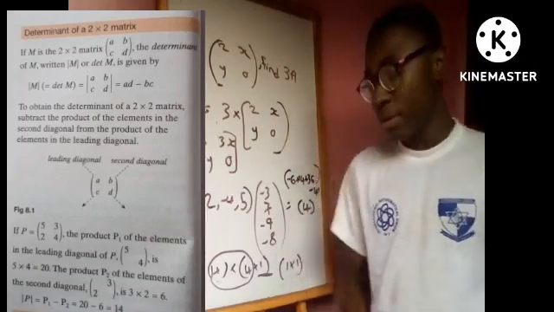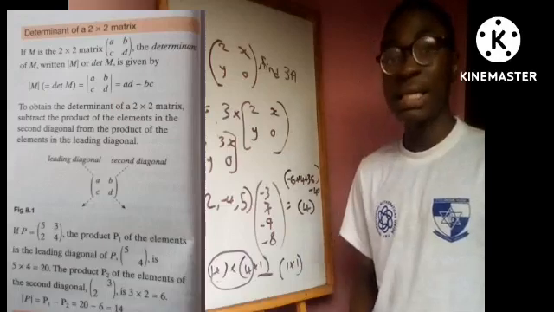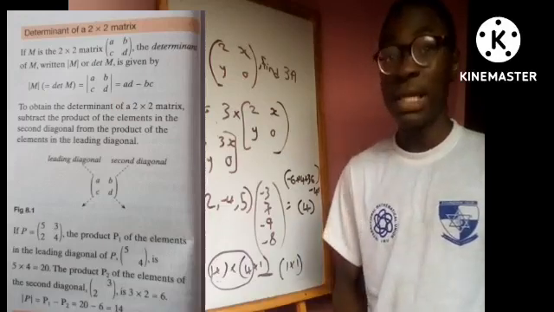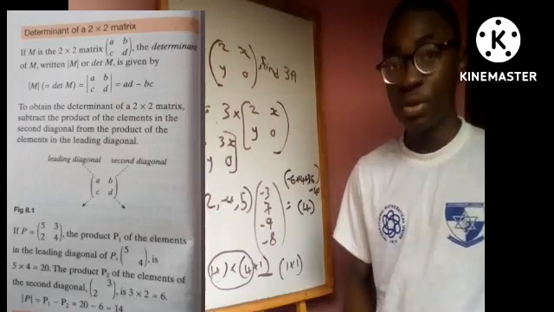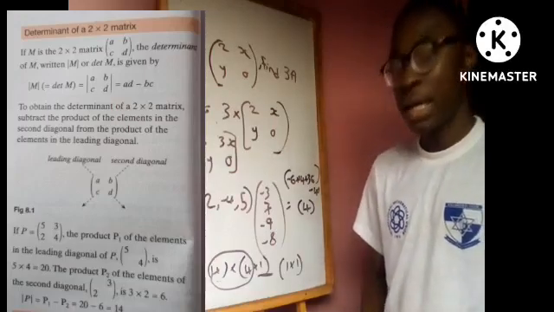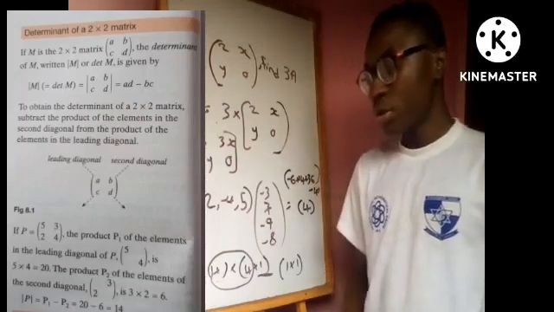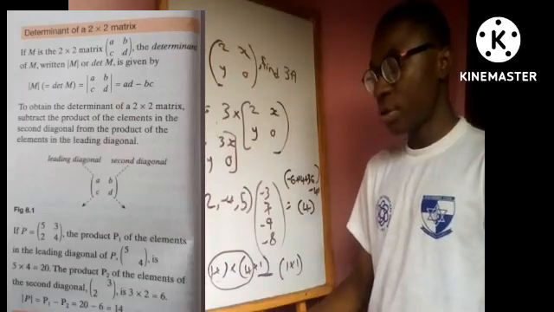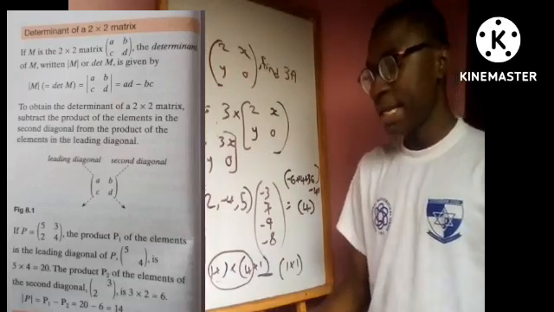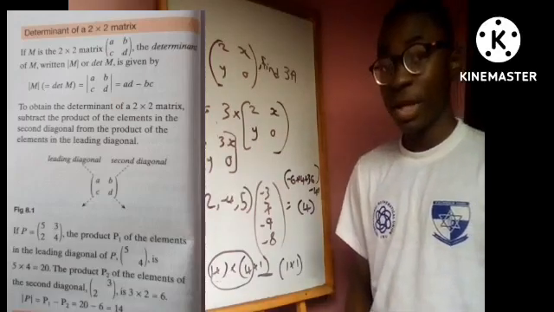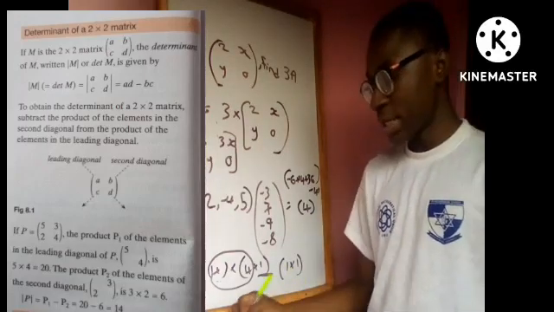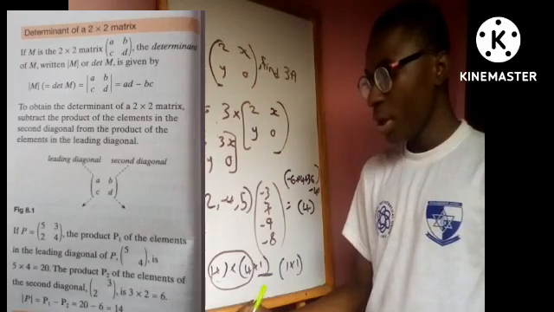Basically, you subtract the second diagonal from the leading diagonal. This is very easy to wrap your head around, I hope. To obtain the determinant of a 2 by 2 matrix, subtract the product of the elements in the second diagonal from the product of the elements in the leading diagonal.